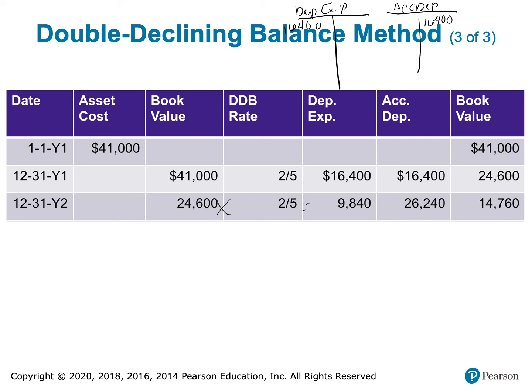So I'm going to do a journal entry to debit depreciation expense for 9,840, credit accumulated depreciation 9,840. That leaves my balance in accumulated depreciation of 26,240 if I've done my math correctly. So my balance sheet will show truck at 41, accumulated depreciation of $26,240, book value of $14,760.